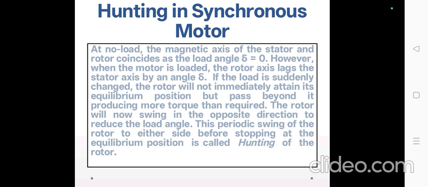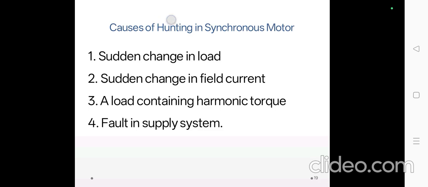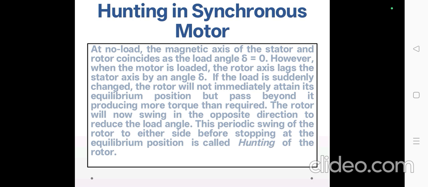Such oscillations of the rotor about its equilibrium position due to sudden application or removal of the load are called swinging or hunting in the synchronous motor. Due to hunting, the load angle changes. That means load angle delta changes its value about its final value, and as delta changes for some excitation, that is E phase, the current drawn by the motor also changes.